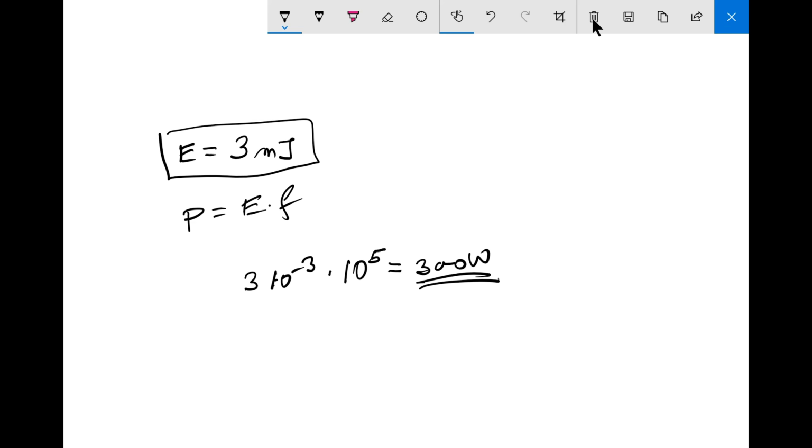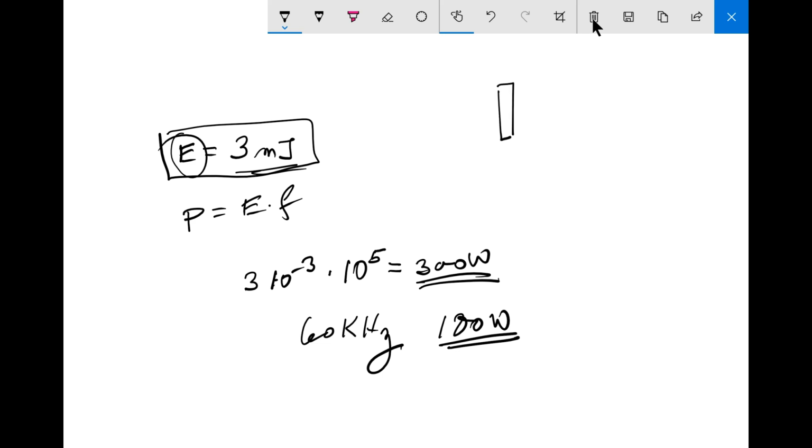So in this case, if indeed the energy is of this magnitude, probably you can go to, say, 60 kilohertz, and then this will be 180 watts, which will be okay, perhaps. The way to examine this is to consider the fact that when you have the transistor, here it is, and there is some insulator, and then here is the heatsink.